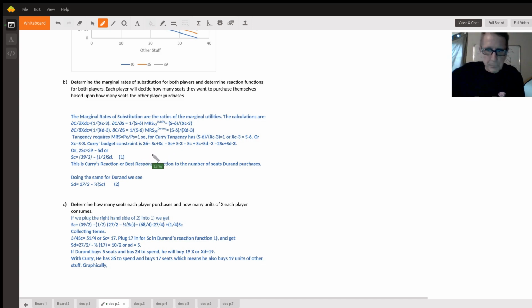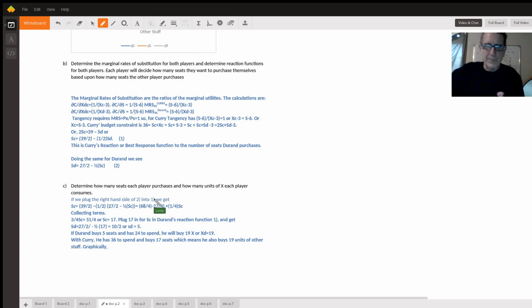When we do this and substitute into the budget constraint, we get a conditional demand for seats by Curry contingent upon how much Durant buys. That's S_C equals 39/2 minus 1/2 S_D. That's sometimes called the reaction or best response function.